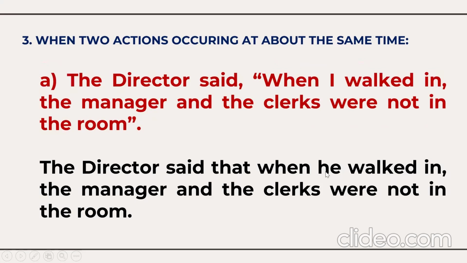The director said that when he walked in, the manager and the clerks were not in the room. So we will not use had walked in here; the same simple past will be used. So we have seen in those three important cases, we have not changed the past tense in the indirect speech. We have used the same past tense, right?